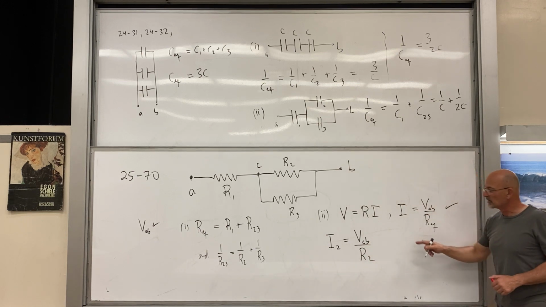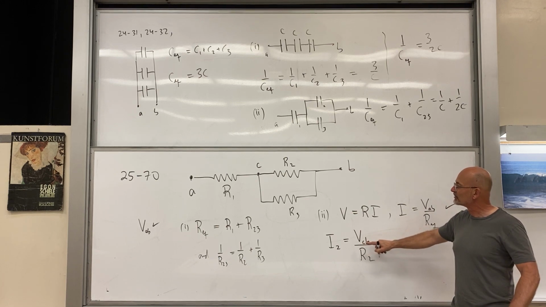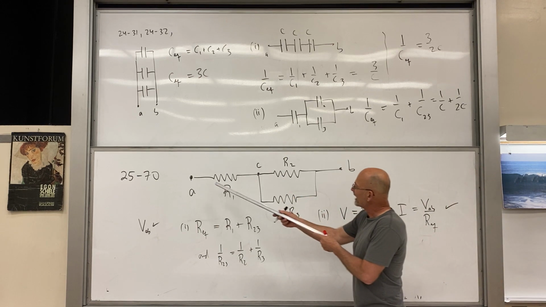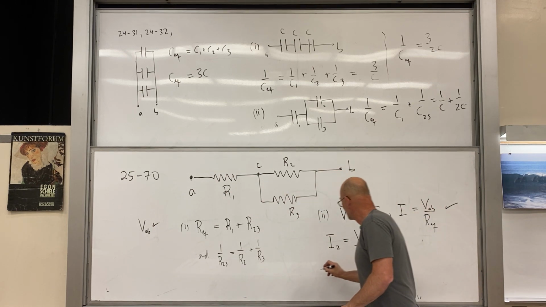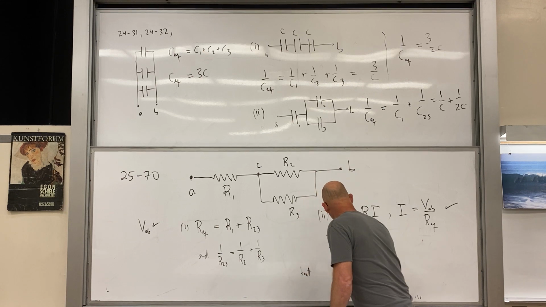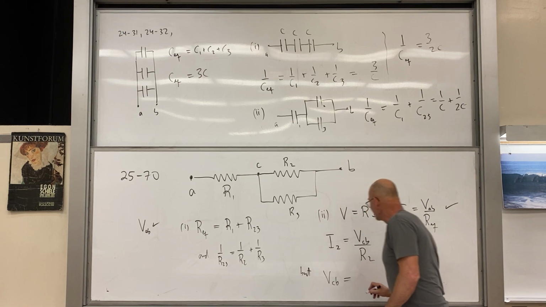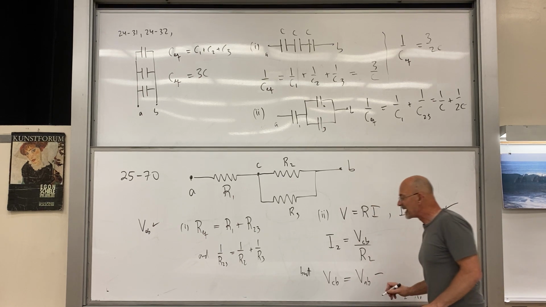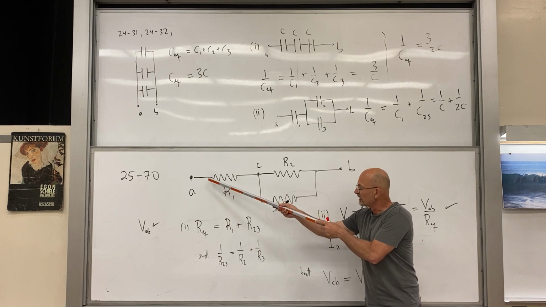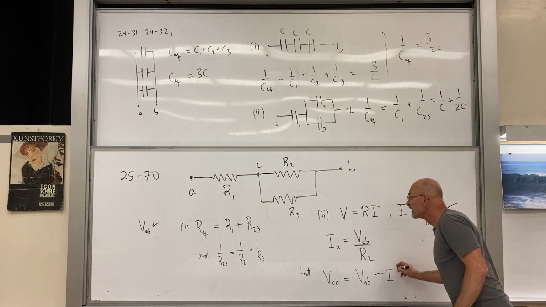We're just making repeated use of Ohm's law, but we don't know what V sub CB is yet. However, we have a voltage drop from A to C, but all right, V sub CB is equal to the original one, AB, minus the voltage drop across here, AC, and that is I times R1.